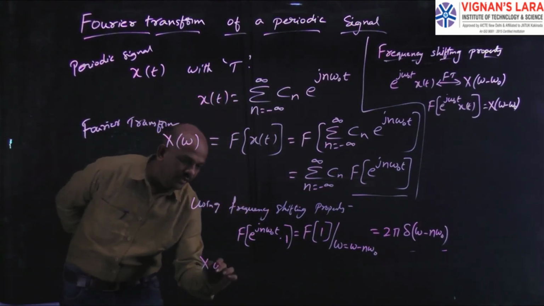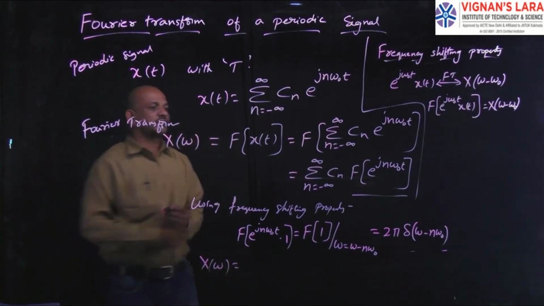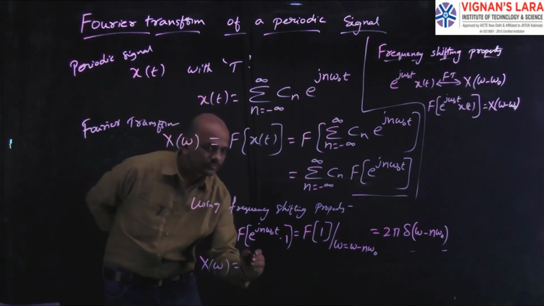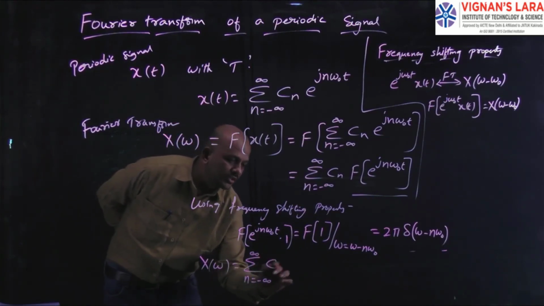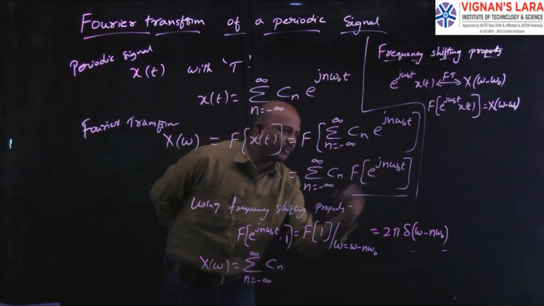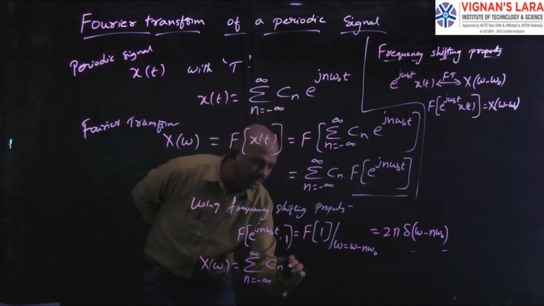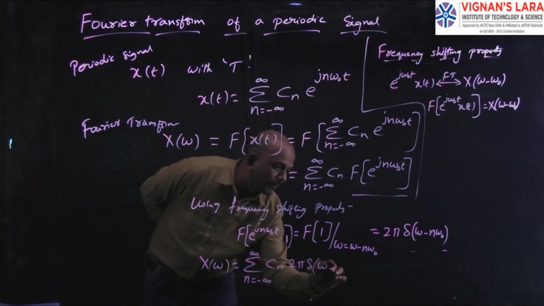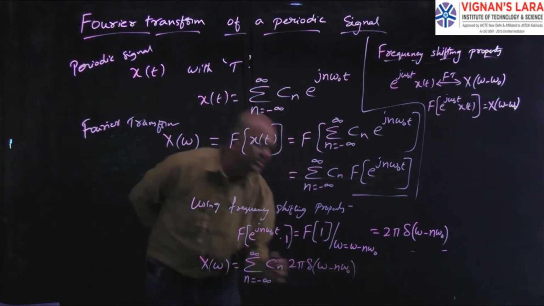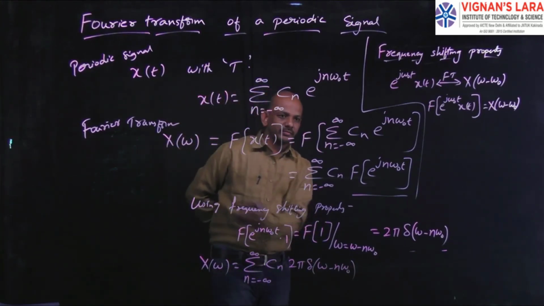Therefore, the Fourier transform x of omega will be equal to summation n equal to minus infinity to infinity Cn. The Fourier transform of e power j n omega naught t will be equal to 2 pi del of omega minus n omega naught. So 2 pi is a constant, you can bring that outside.